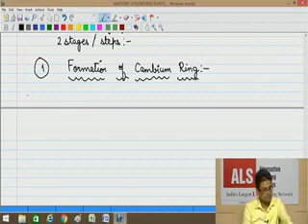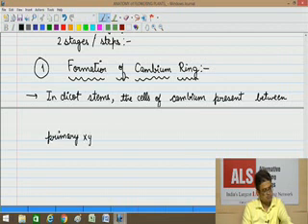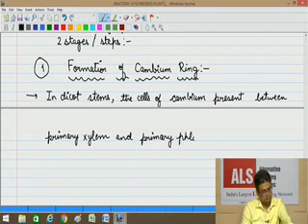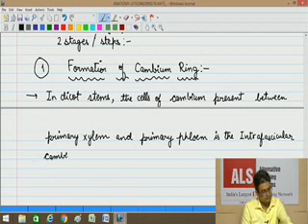So you can write here, in dicot stems, the cells of cambium present between primary xylem and primary phloem is the intrafascicular cambium.